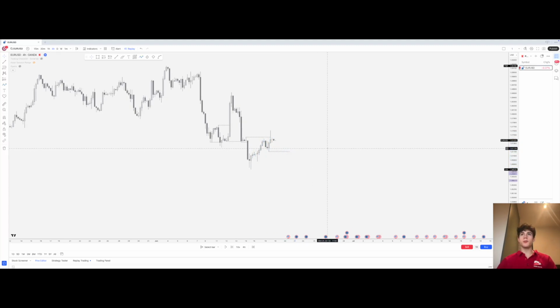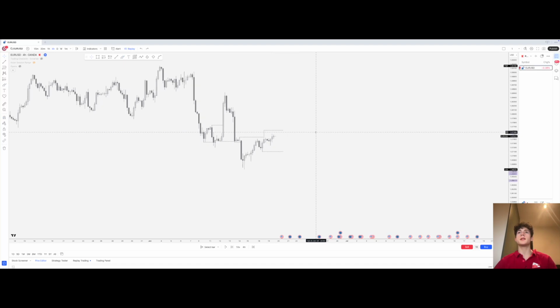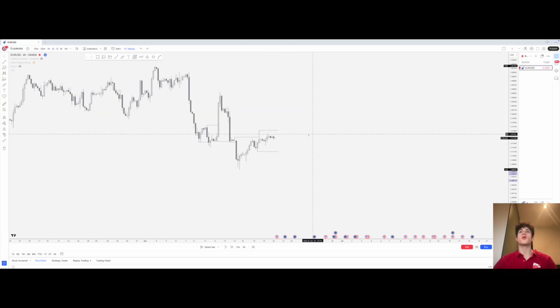So let's see, this now becomes our fractal high, because once again we trade up higher and then we trade down, so this becomes our high. And then let's see, we are ranging between them, so that means that there's no fractals in this price action, right?